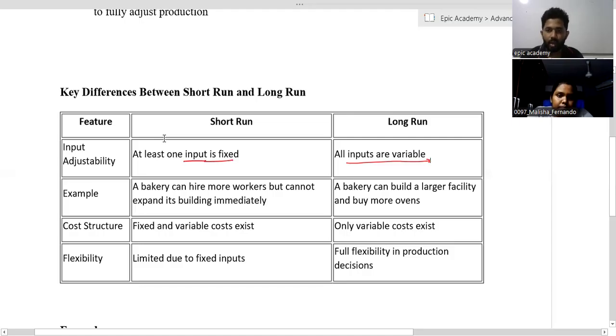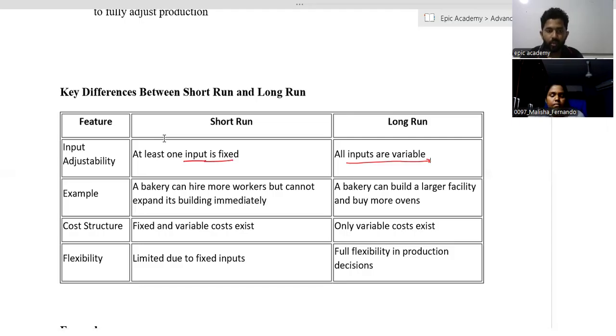But what about the long run? In the long run, only variable cost will be available. Why? Because there isn't any fixed factor here, so there is no fixed cost. You only pay the variable cost, where everything can be changed.